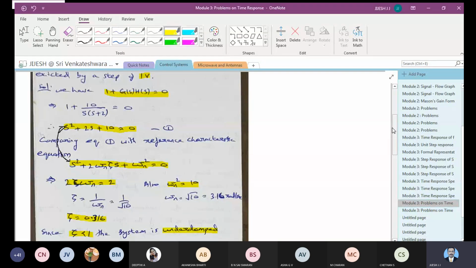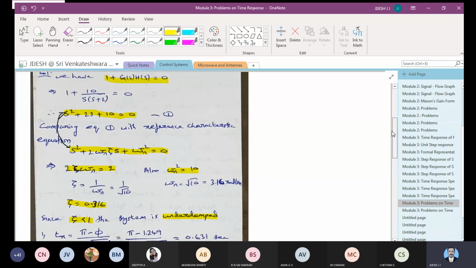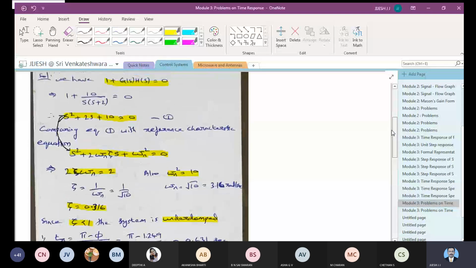Okay, then simplify it and get me the first answer. 4.163. 0.631 is what we'll get for TR. Check the calculations in the brackets. See, most of the students make mistakes in the calculator. It's not that they don't know how to do it. They don't put the brackets properly when they take multiplication or division.